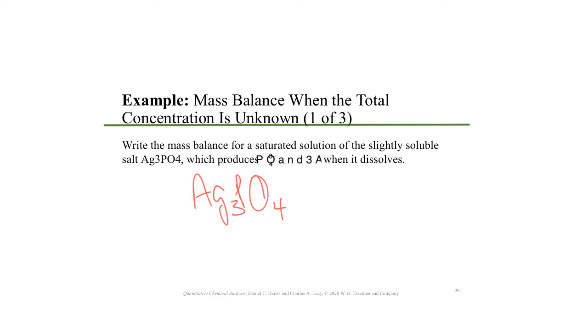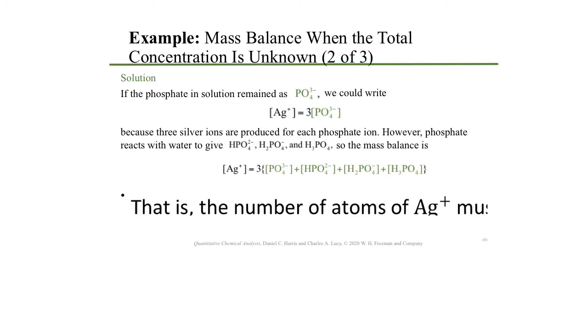So the Ag forms and the PO4 forms have a relationship, and so we can write a mass balance. So if the phosphate stayed in the form of just PO4 3-, you would write it this way, right? But it doesn't. And so you have to write it this way, where all forms of the phosphate are considered, right? And so now the Ag plus concentration is going to be equal to 3 times all the phosphates.